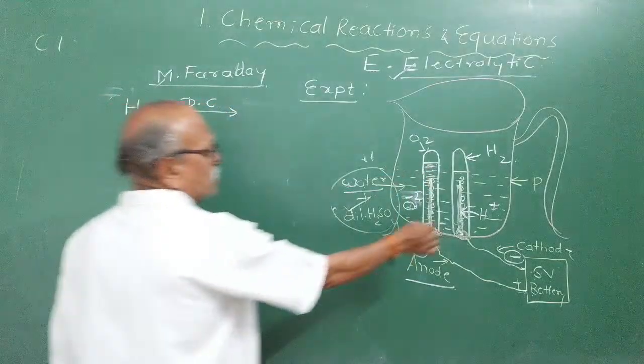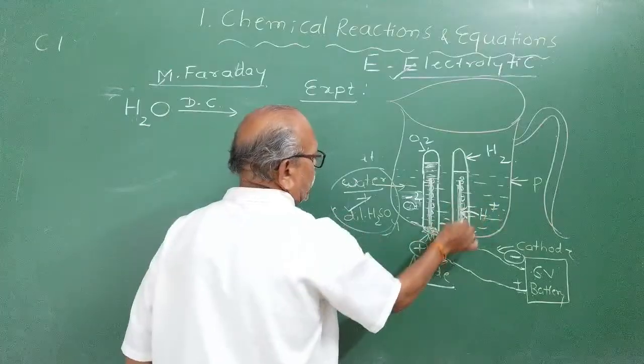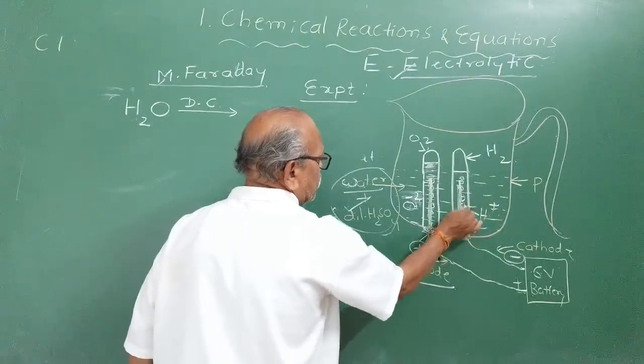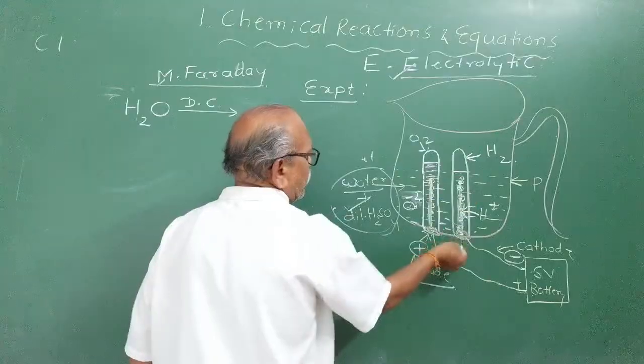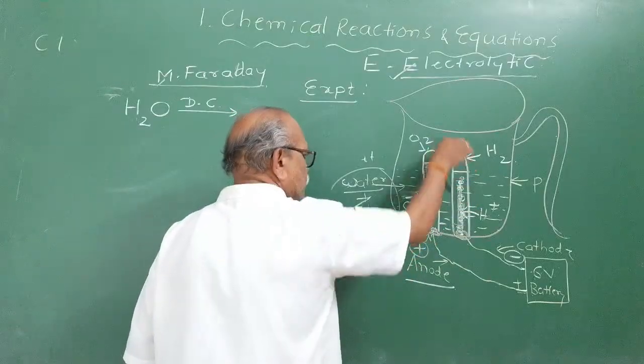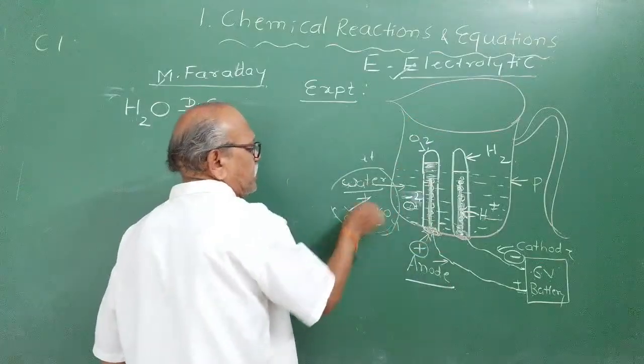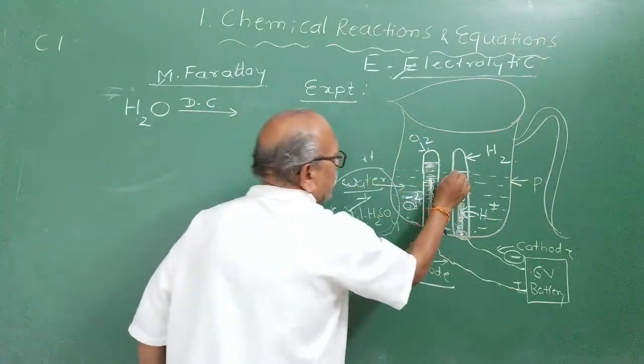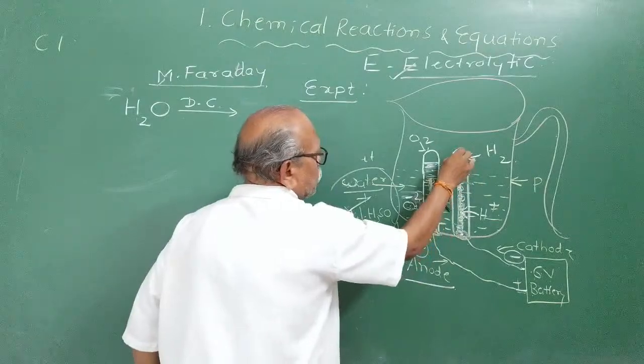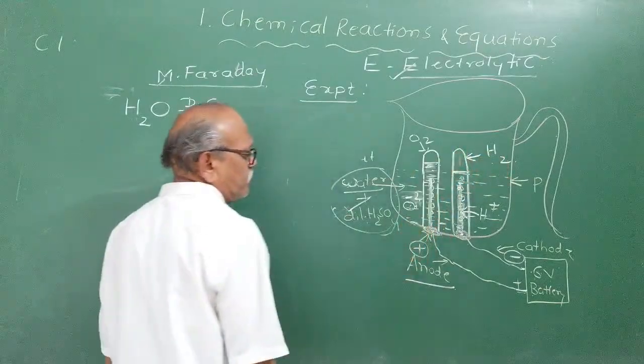Therefore, these H plus ions will lose their charge and liberate hydrogen gas here. The bubbles of hydrogen gas will rise up and push the water down. It is called downward displacement of acidified water and is collected here. This empty space shows hydrogen gas is filled.